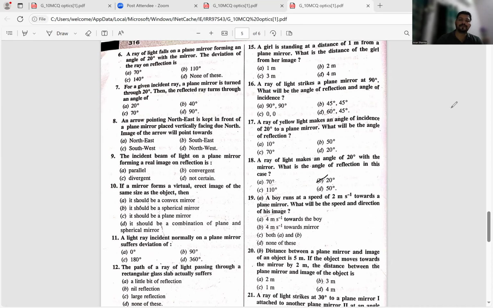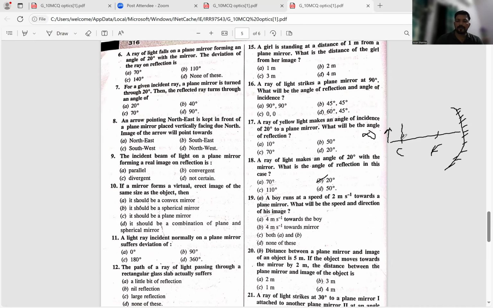So what is the right answer? You know the ray diagram of a concave mirror. If you know the ray diagram of a concave mirror, there are 6 positions where you can place the object. One is at infinity. This is your focus. This is your center of curvature. First, you can place the object at infinity. Second, beyond the center of curvature.